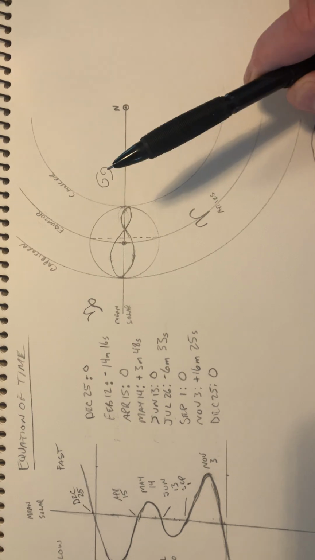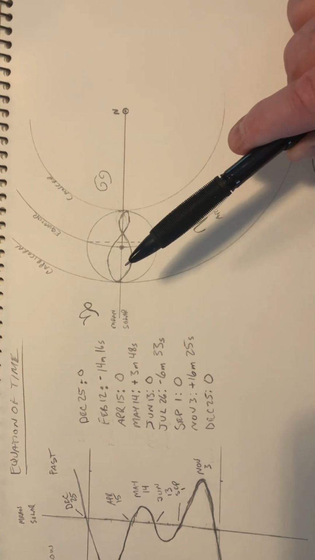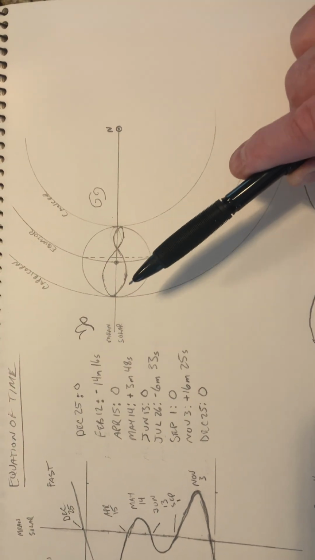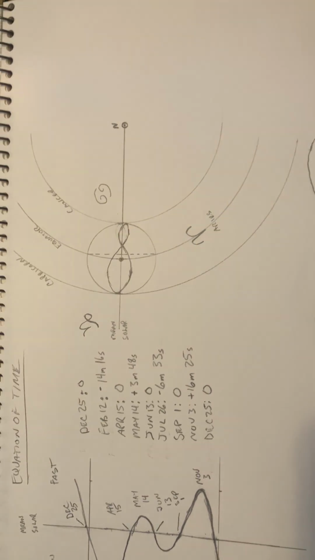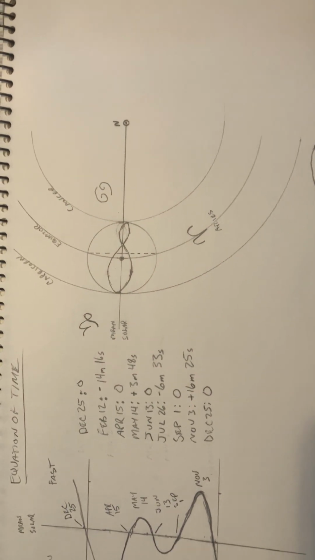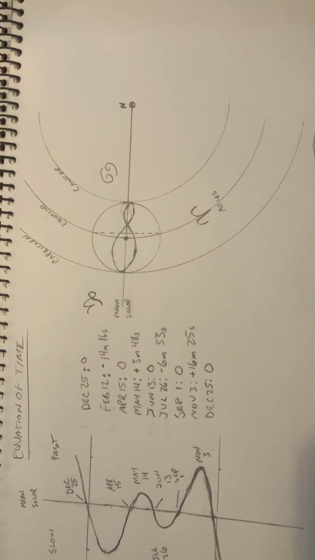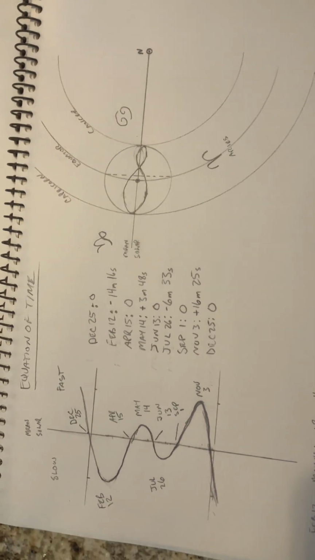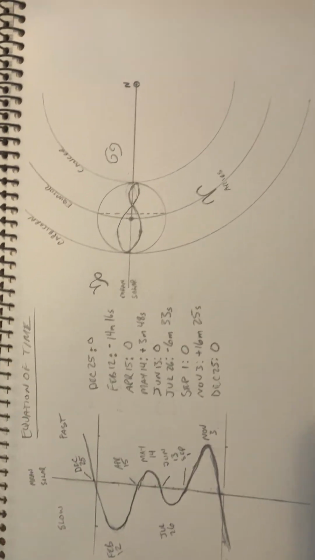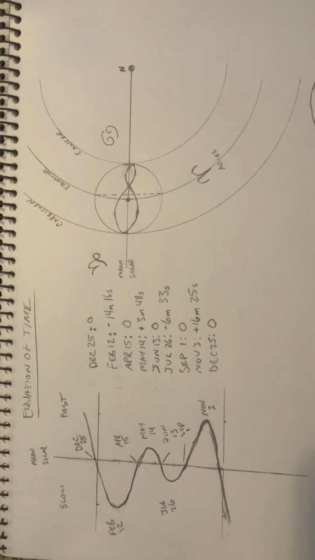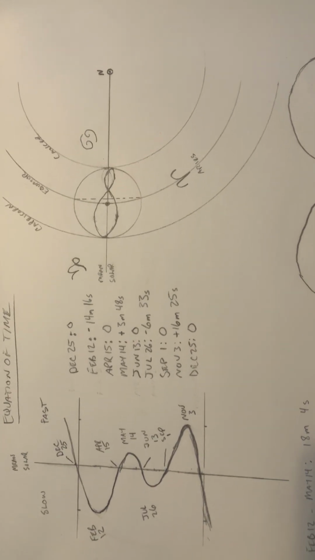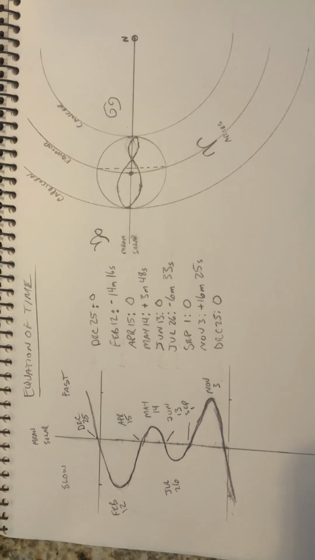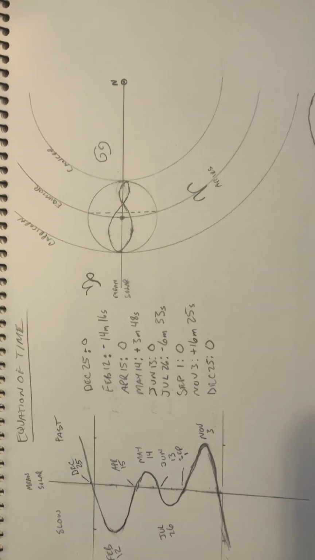And so where before I figured that I was going down this path of thinking that we had an elliptical shape here for the movement of the sun, it seems that the sun is actually moving in a figure 8 pattern from this equation of time. So in this video, I'm just going to explain some of the things that I found in my study of this equation of time.